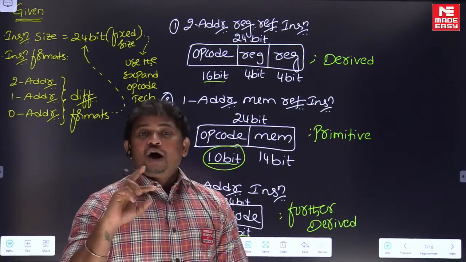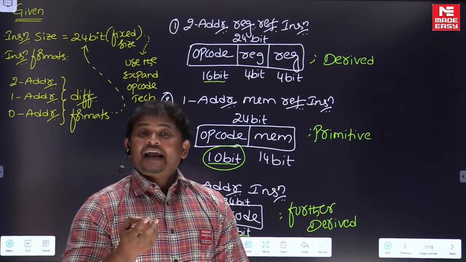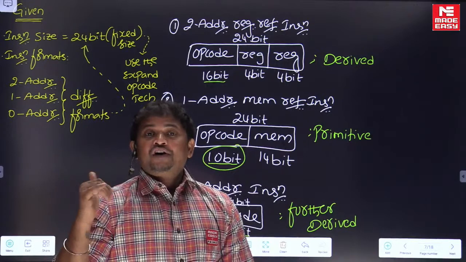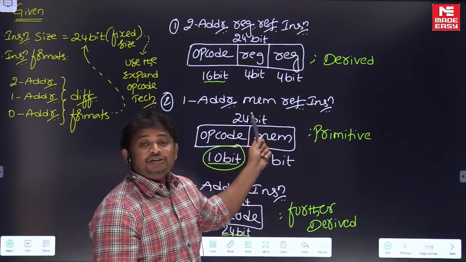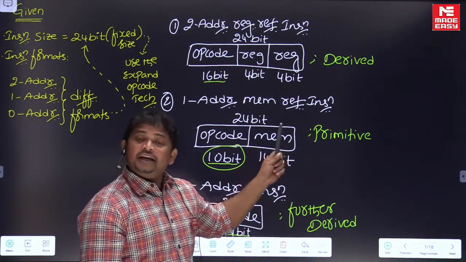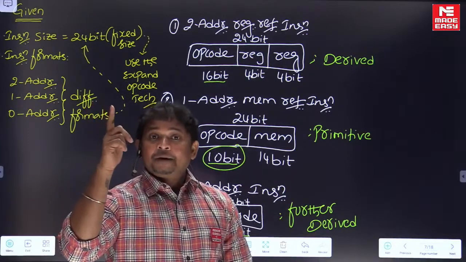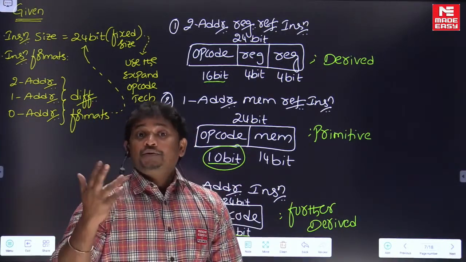The answer is, when the opcode size is the same, we can decide primitive and derived based on the format. Higher order format is primitive, lower order format is derived. So the 2 address format is higher, the 1 address format is lower. Therefore, when the opcode sizes are the same, 2 address format is primitive and 1 address format is derived. Okay, students, like that you can decide.